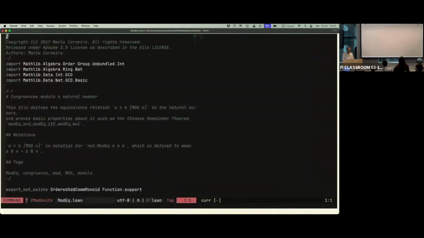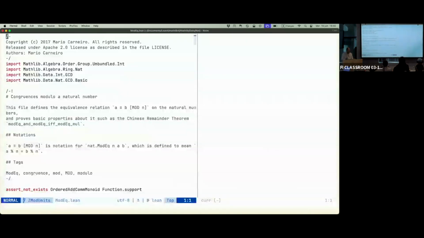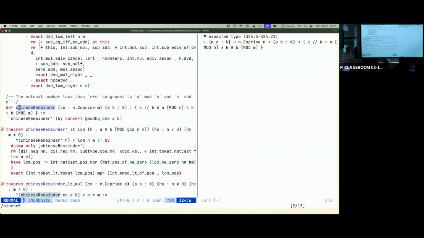Yeah. Oh, but I can also make it better. Just need to ask. So here's one, and here's the other one.